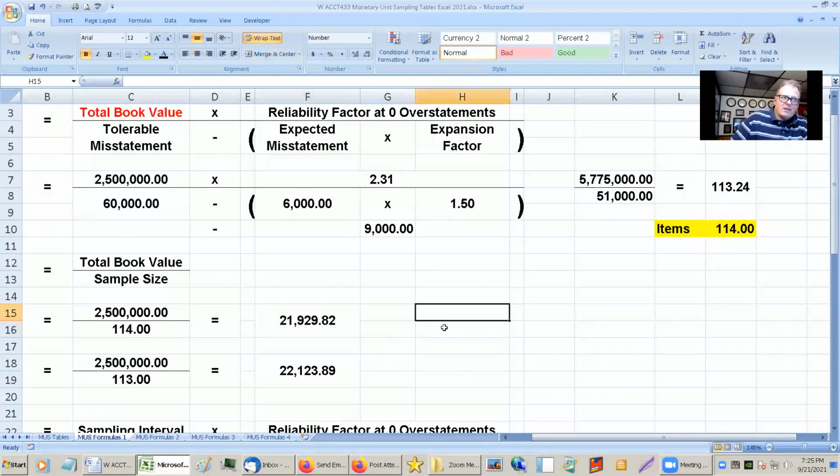Now notice, if there's an item that's bigger than this, it will 100% be picked.